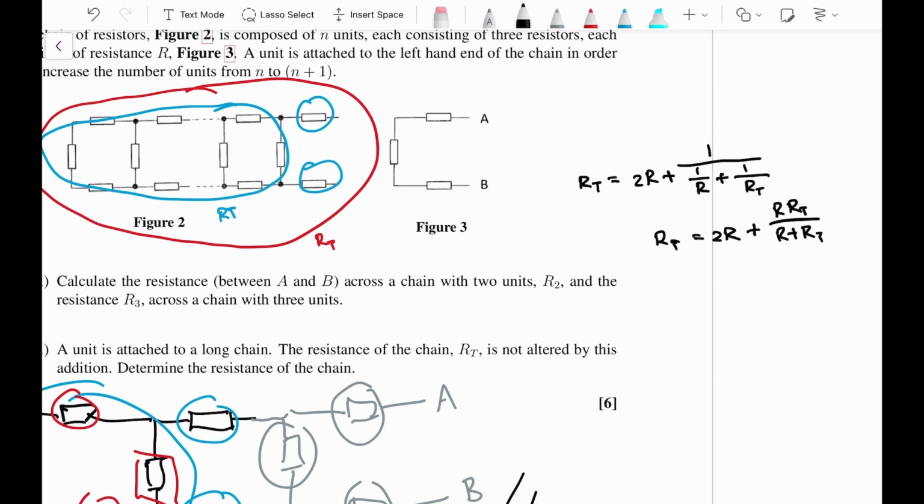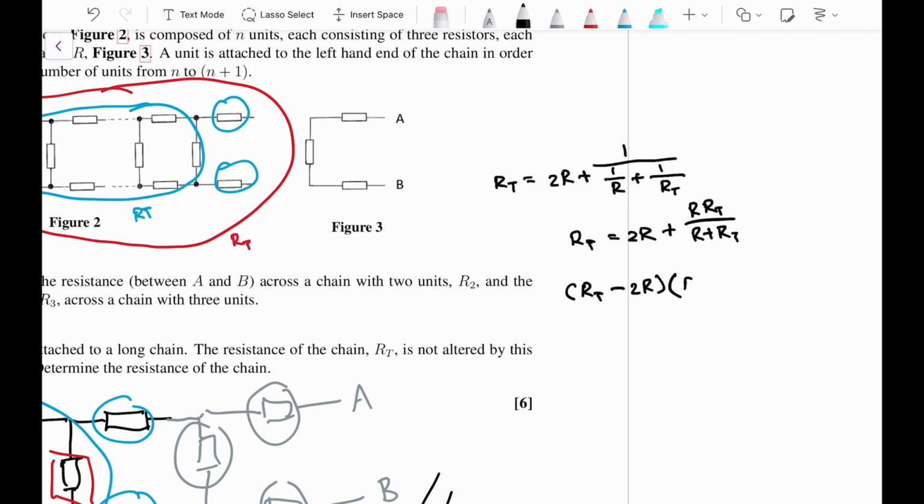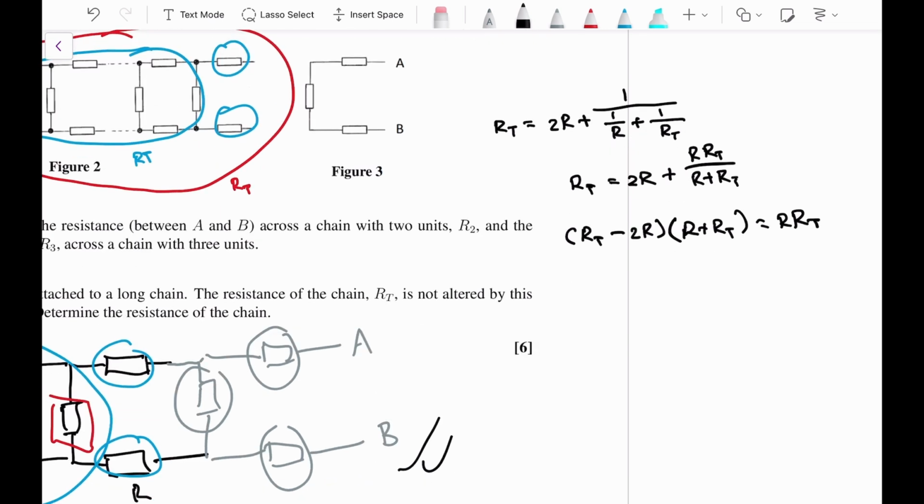So then, let's see, RT minus 2R times R plus RT is equal to RT. And then we want to isolate RT. Yeah, so I'm going to expand the brackets over here.